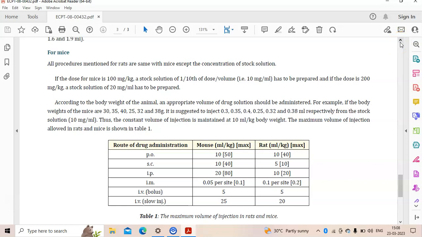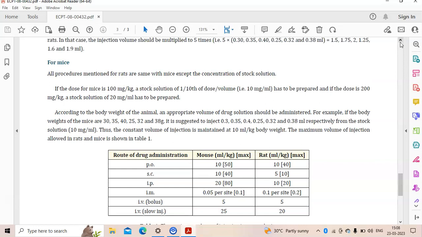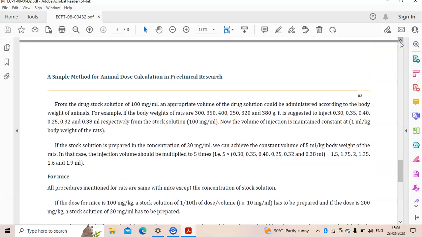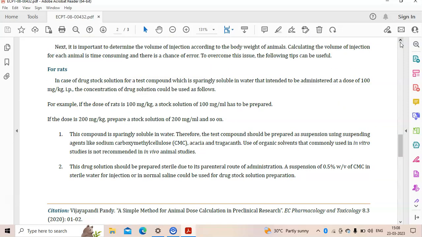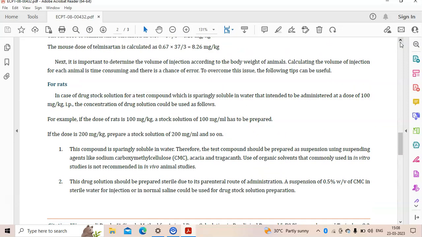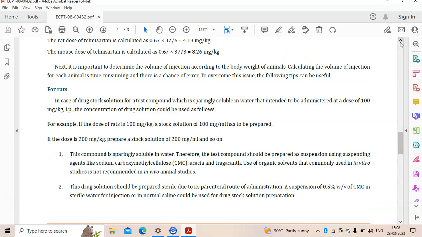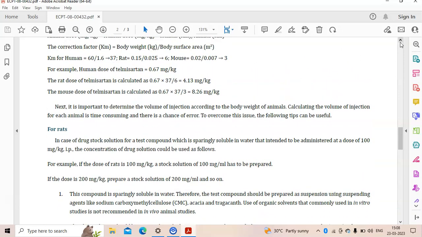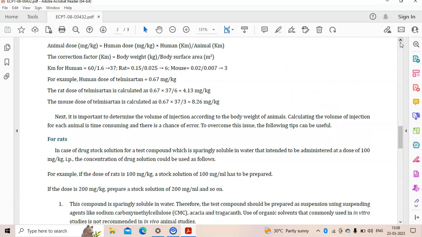By using these different OECD guidelines and these formulas, we can convert the doses for rats and mice using this kind of calculation.